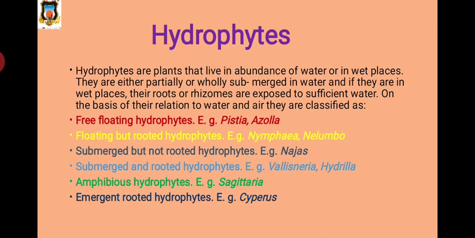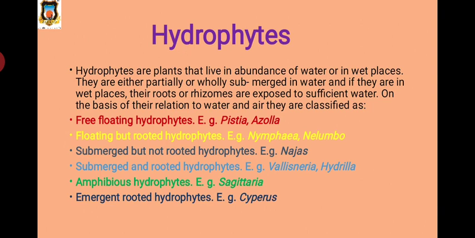On the basis of the relationship with water as well as air, they are classified into various groups: free floating hydrophytes, floating but rooted hydrophytes, submerged but not rooted hydrophytes, submerged and rooted hydrophytes, amphibious hydrophytes, and emergent rooted hydrophytes.